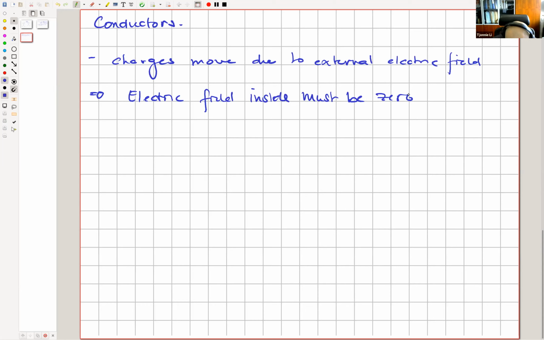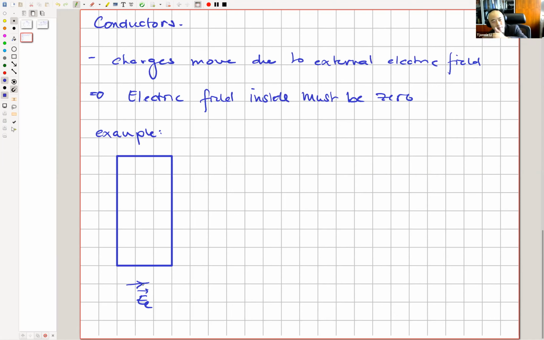We can take a look at an example, where we take some slab of conducting material, and we place it in some E field, the external E field. What's going to happen? What happens to charges when there is an external E field?